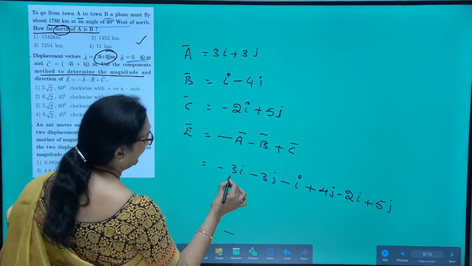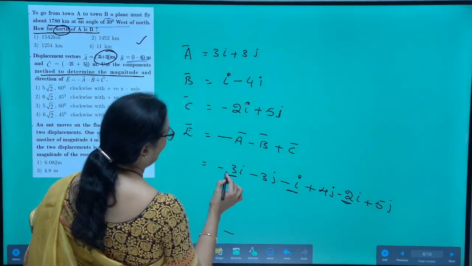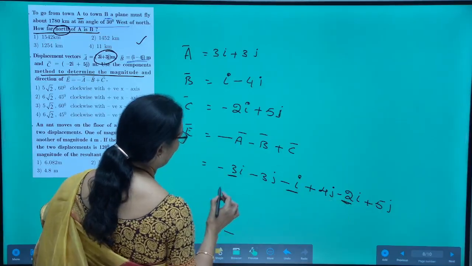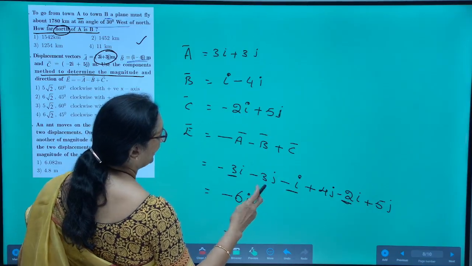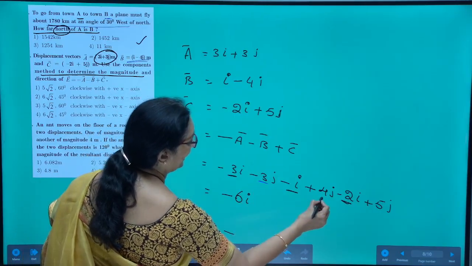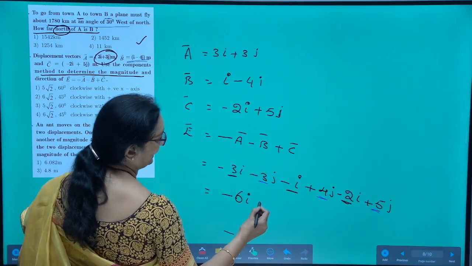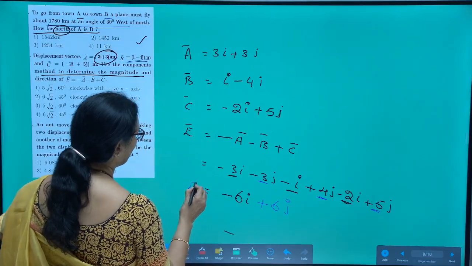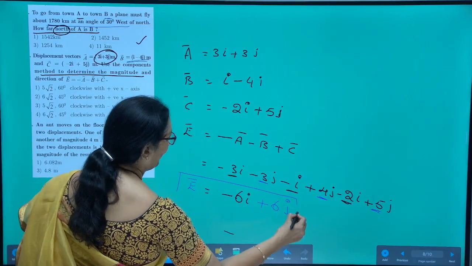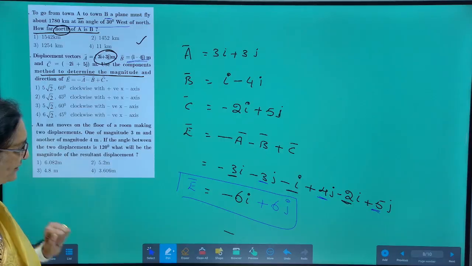Minus 3 minus 1 minus 2 is minus 6, so this is minus 6i. Now minus 3j plus 4j plus 5j is 6j. So this is E bar. E bar is equal to minus 6i plus 6j.